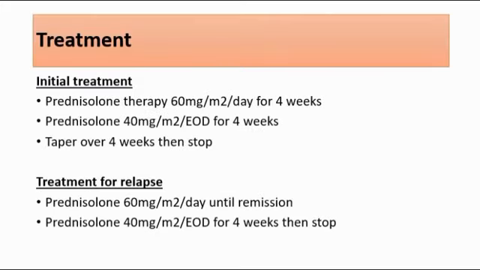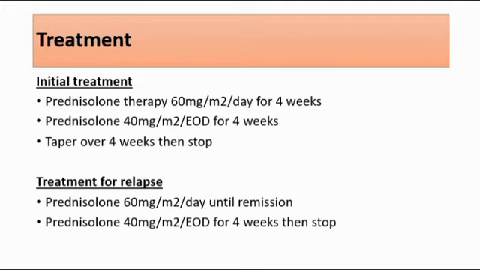So next I will go through the treatment for nephrotic syndrome. The initial treatment, when they first present with nephrotic syndrome, will be prednisolone therapy, 60 mg per meter square per day for 4 weeks. And then after that, for the next 4 weeks, we will give prednisolone 40 mg per meter square per EOD.